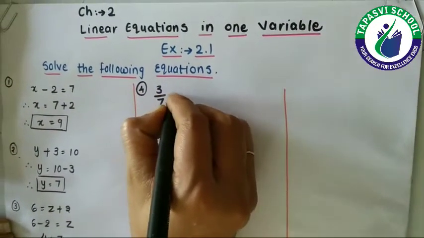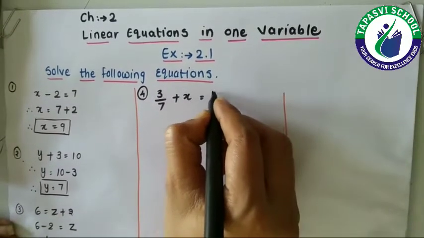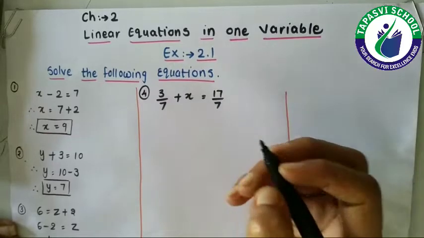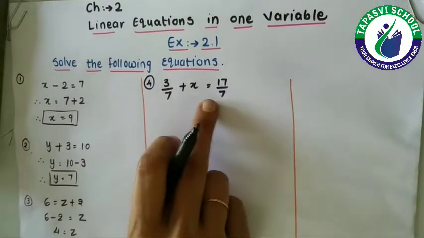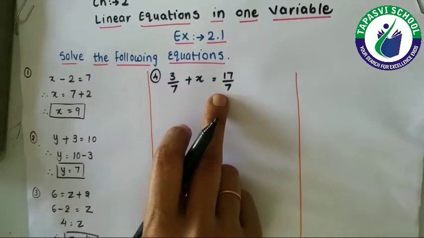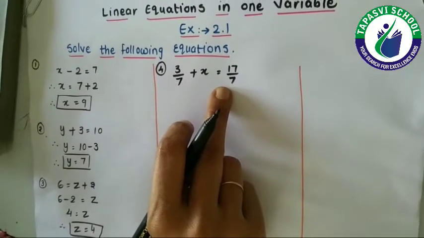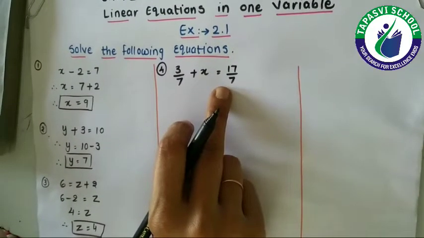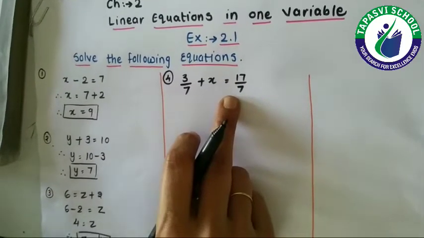3 upon 7 plus x is equals to 17 upon 7. Now students, you can see here my equation is not in a standard format, because according to standard format fractions should not be there. That is why first of all, by taking LCM, we convert our equation into the standard format.